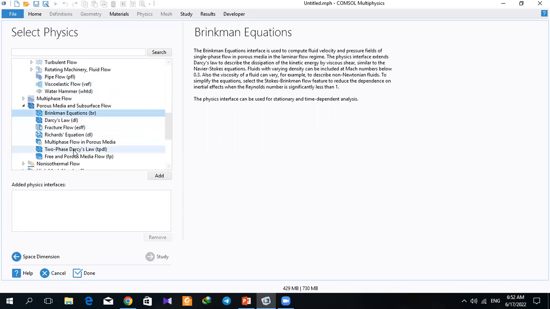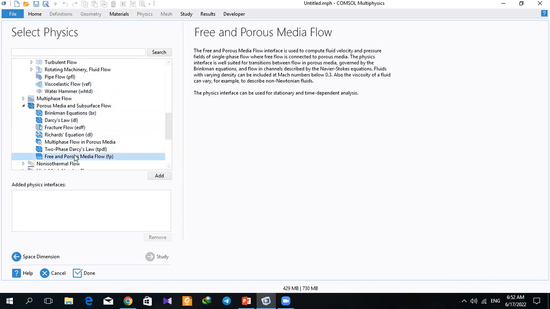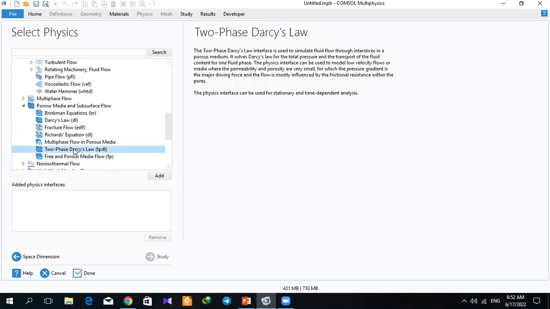Brinkman equation and free and porous media flow are mostly used for simulation of fixed bed reactor. Two-phase Darcy flow is good for simulation of behavior of gas and solid inside the two-phase system, considering mass transfer.